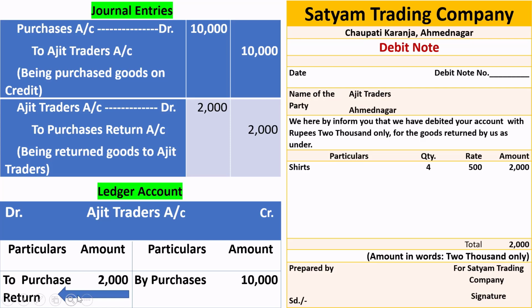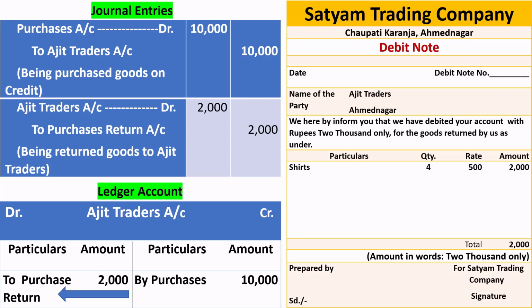Why is his account debited? Because we no longer are required to pay 2,000 rupees. So his account is debited by 2,000 rupees. We hereby inform you that we have debited your account with rupees 2,000 for the goods returned by us, shirts of 500 rupees each.